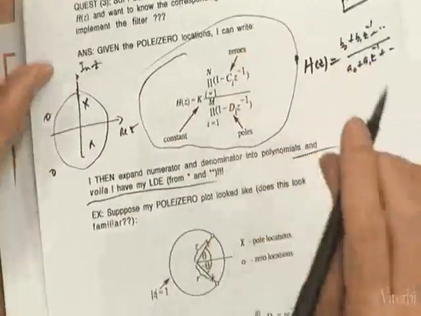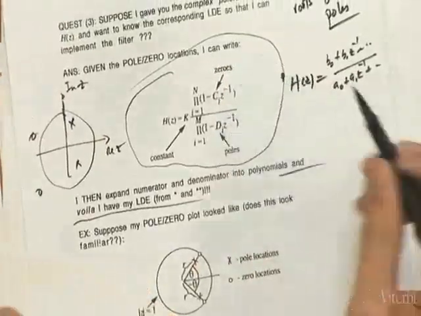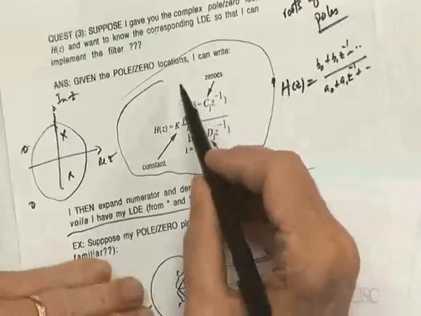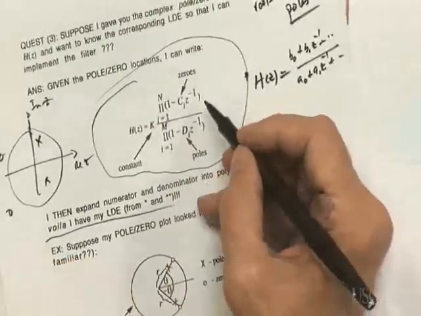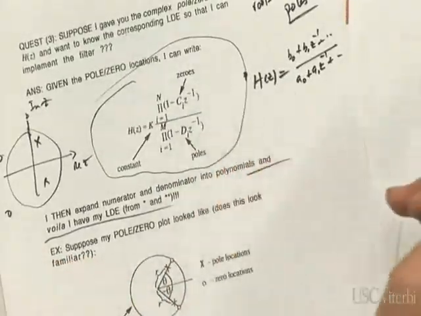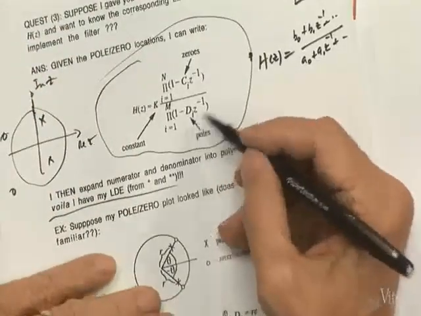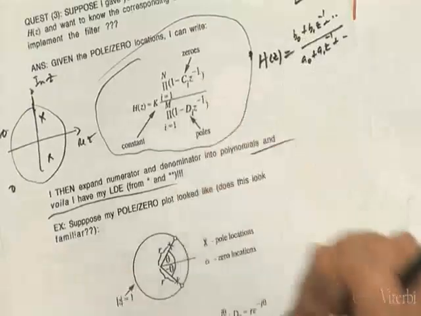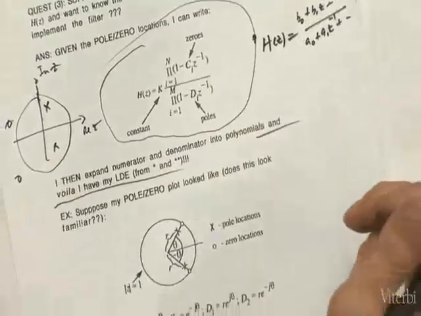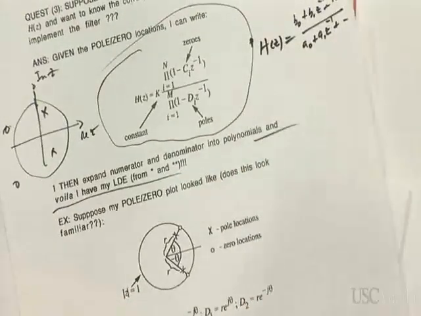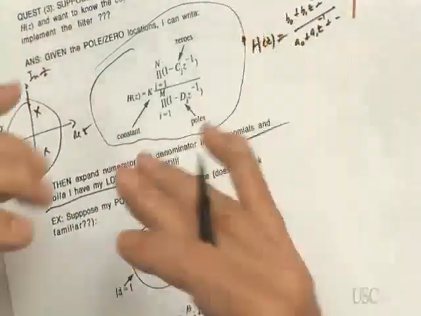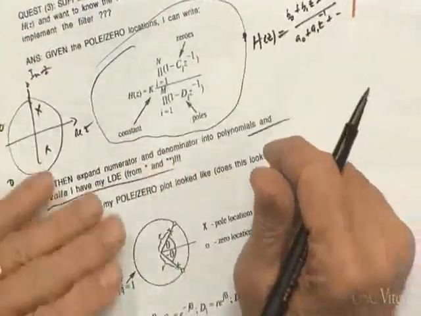Then you can write the numerator and denominator in factored form. Given the pole-zero locations, the c sub i represent the zero locations and the d sub i represent the complex pole locations. I'm writing numerator and denominator in this factored form, and to make life simple, I assume these are simple poles and zeros, not multiple roots.